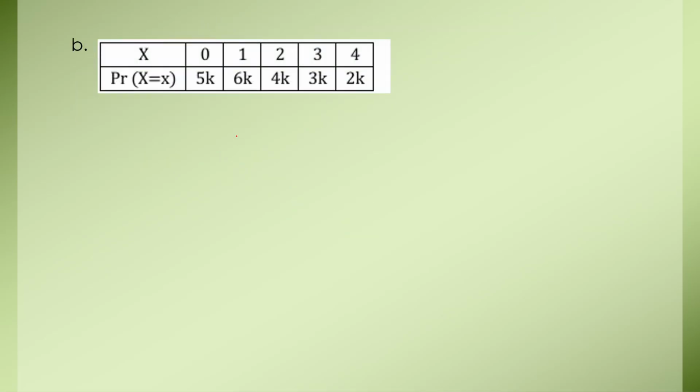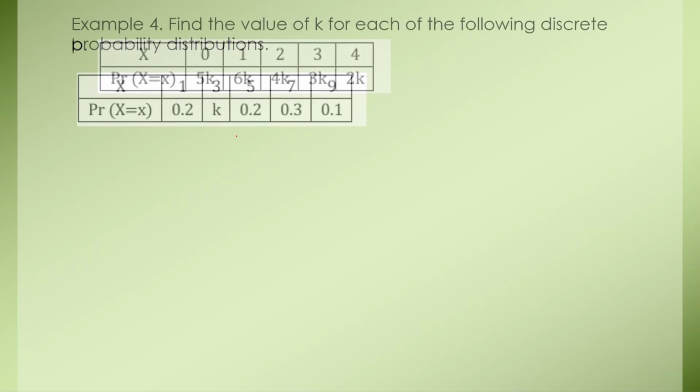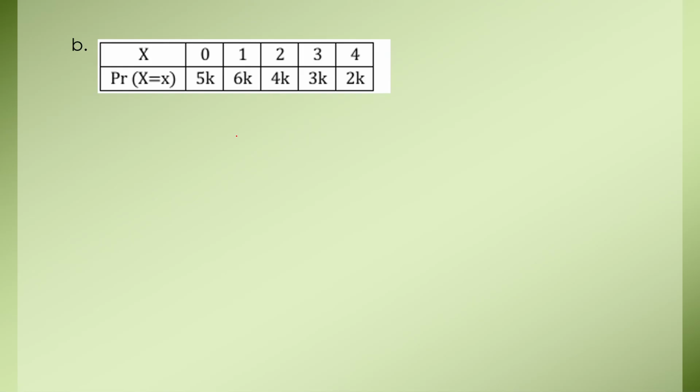Let us have example B. We're going to find the value of k for this distribution. Since it is understood that the probabilities should sum up to 1, we will equate this to 1. So 5k plus 6k plus 4k plus 3k plus 2k is equal to 1.